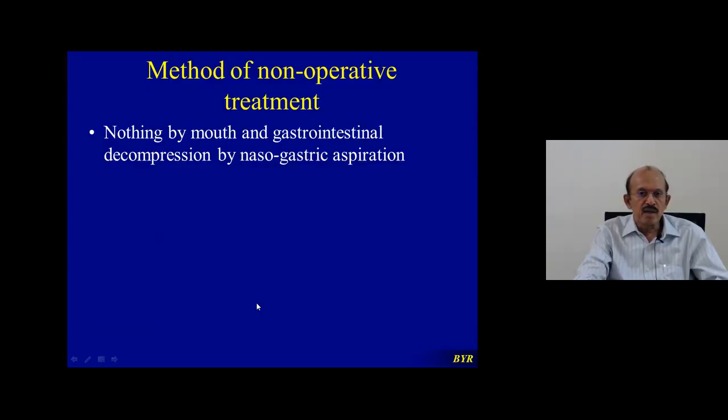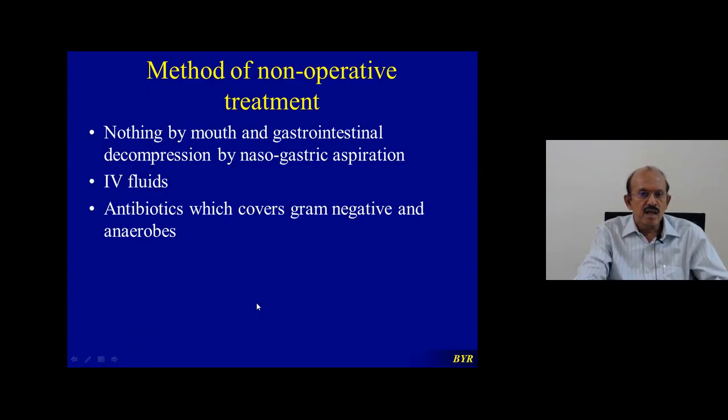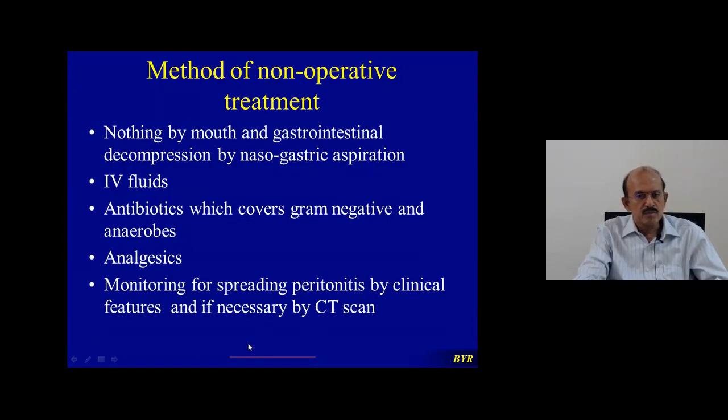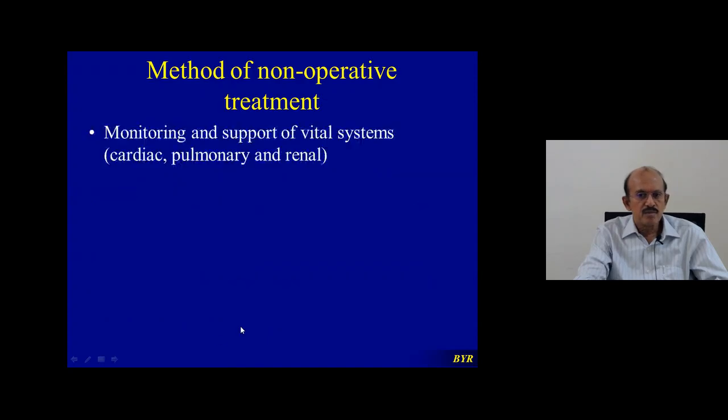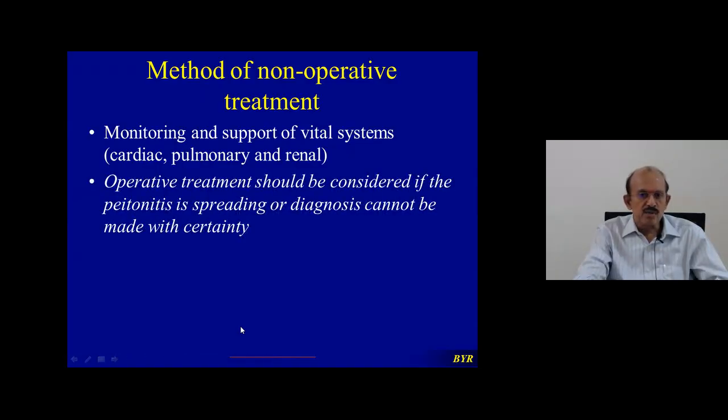Method of non-operative treatment: nothing by mouth, gastrointestinal decompression by nasogastric aspiration, IV fluids, antibiotics, analgesics, monitoring. So the same standard principles. Monitoring and support of vital organ systems. Operative treatment should be considered if peritonitis is spreading or diagnosis cannot be made with certainty. So if you have a doubt, again, look and see.